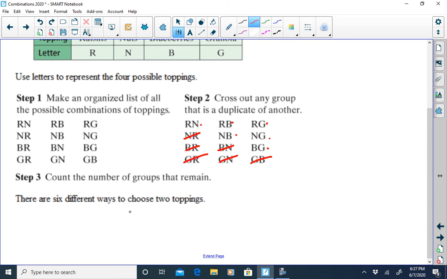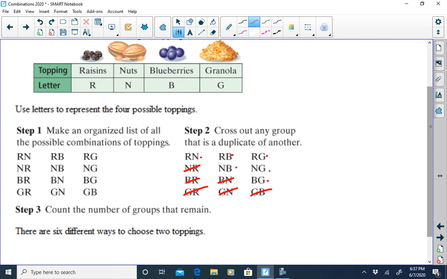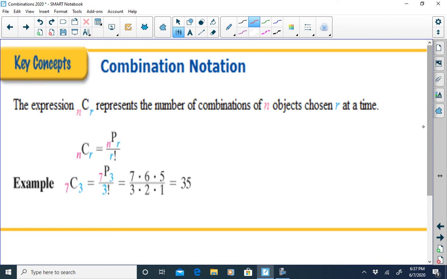Six different ways to choose 2 toppings, 6 different combinations. There'd be 12 permutations of the 4 items taken 2 at a time, but only 6 combinations. And we use combination notation to represent that situation. How does this work?